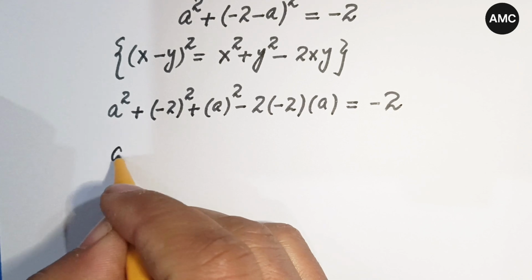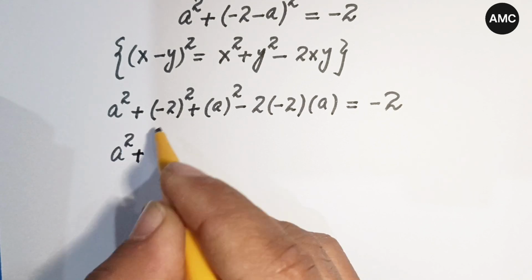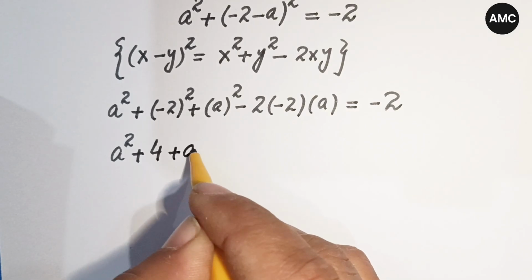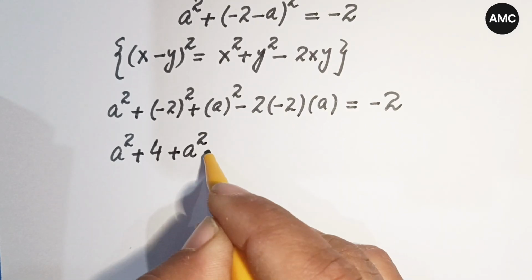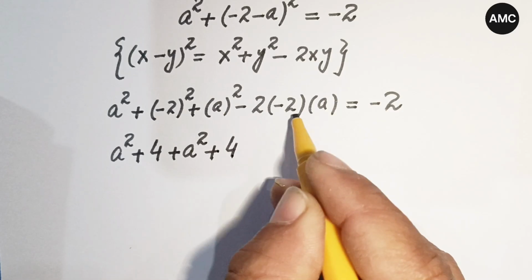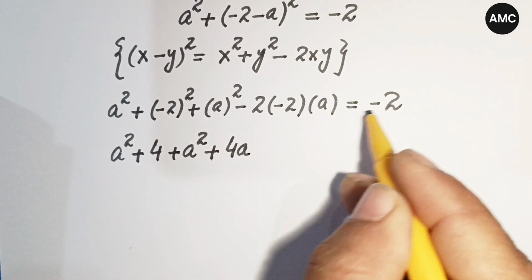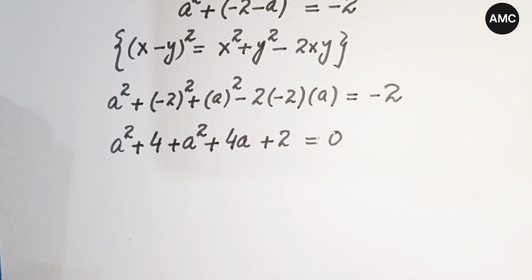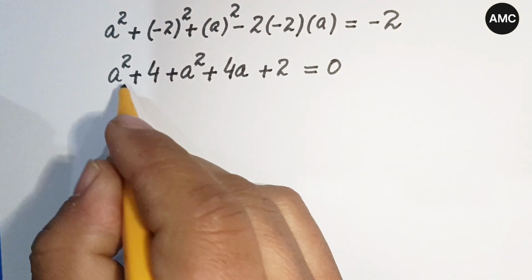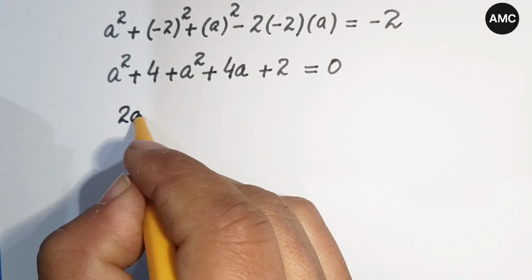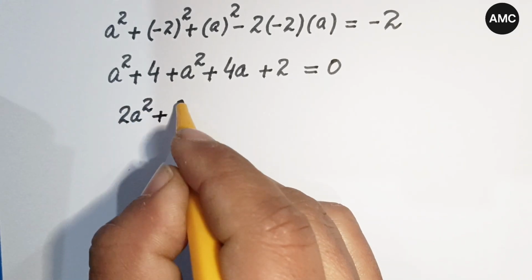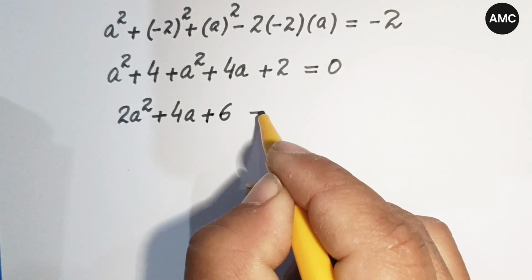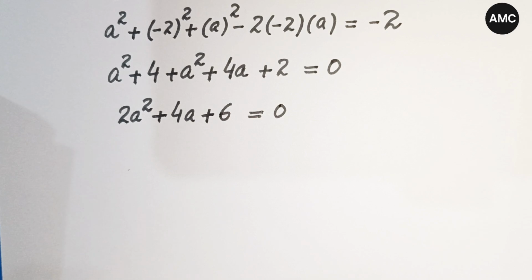Next, (minus 2) squared is equal to 4, and here we have plus a squared, minus times minus is plus, 2 times 2 is 4a. If we shift this one, we get plus 2 is equal to 0. Now a squared plus a squared is 2a squared, plus 4 times a, plus 4 plus 2 we have plus 6 is equal to 0.